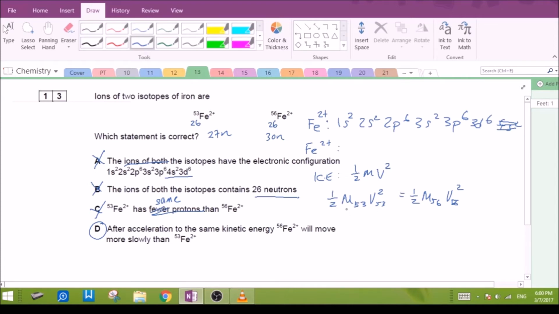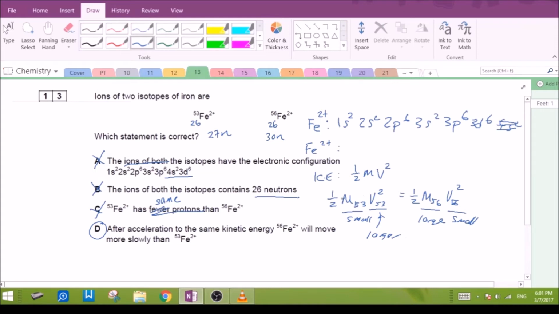Now, since this is a smaller mass compared to this one, for them to be equal, the velocity for the one on the left side should be larger than the velocity for the larger isotope.